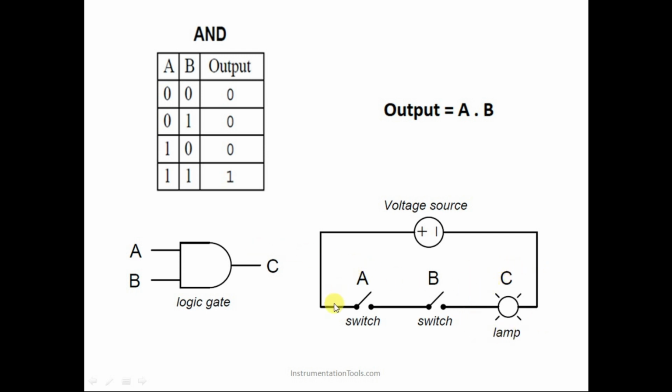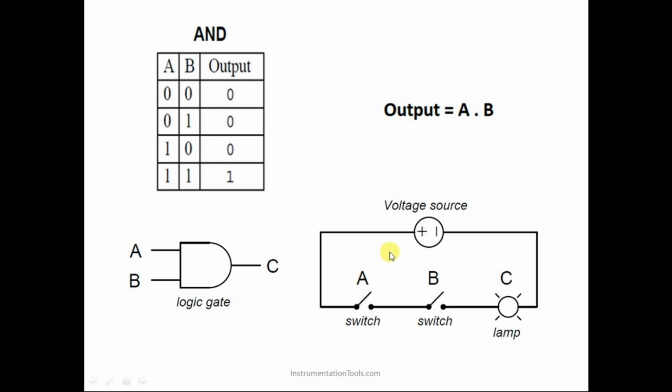Now if you observe 0 and 1, that means this switch A is low and this switch B is high, in the closed state. So if A is open and B is closed, is it possible that the circuit is complete?